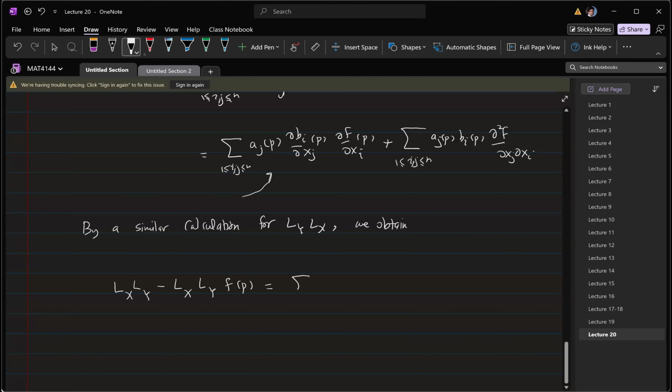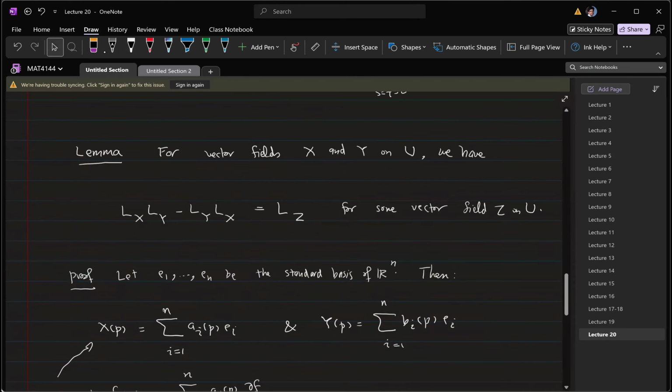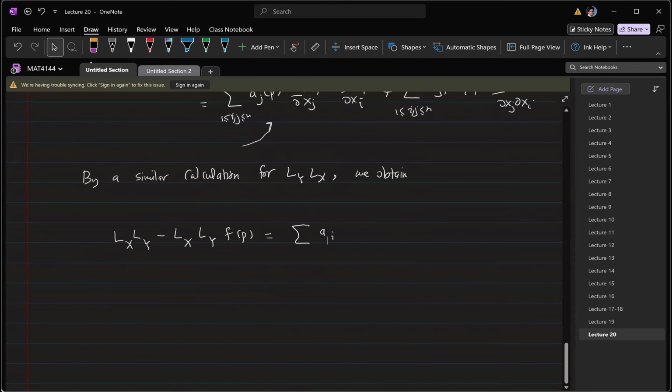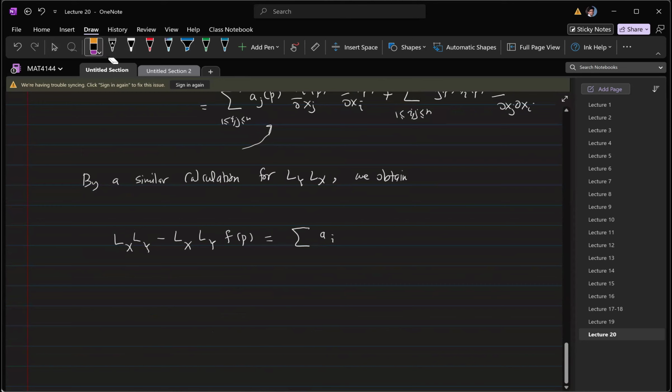So you get this sigma a_i. By the way, did I want to compute L_x L_y or L_y L_x? Okay, L_x L_y. In the notes, I did L_y L_x because the previous lemma was about L_y L_x. So here I have to be careful about what I write.